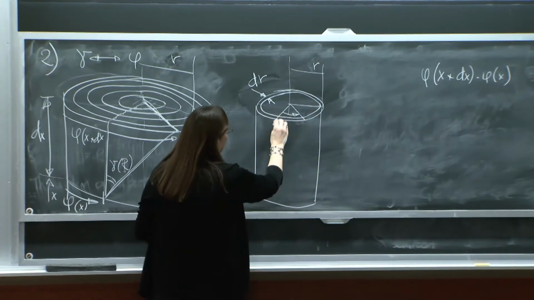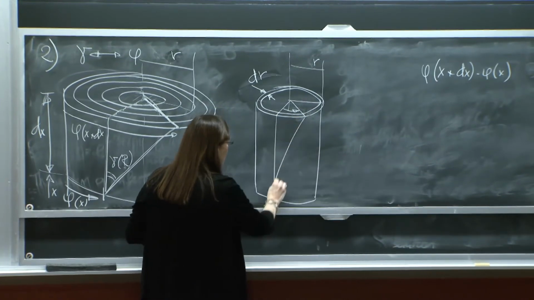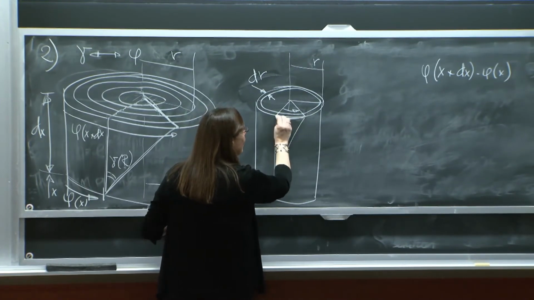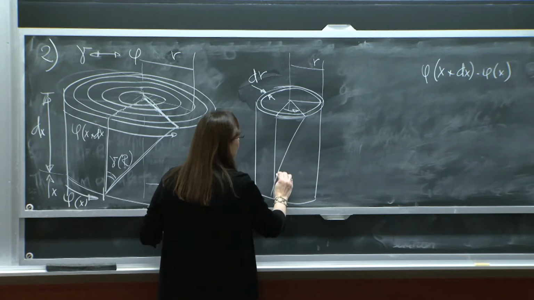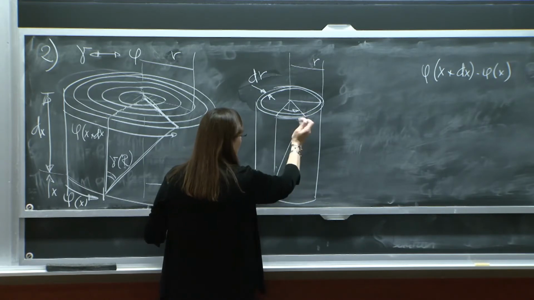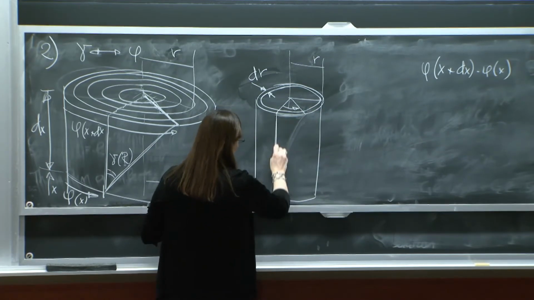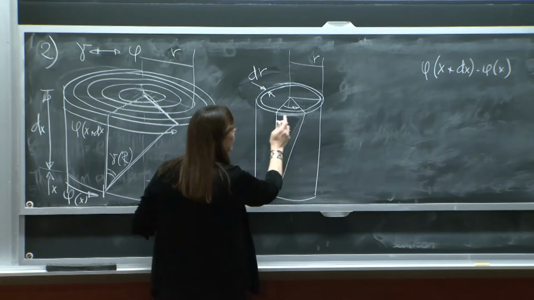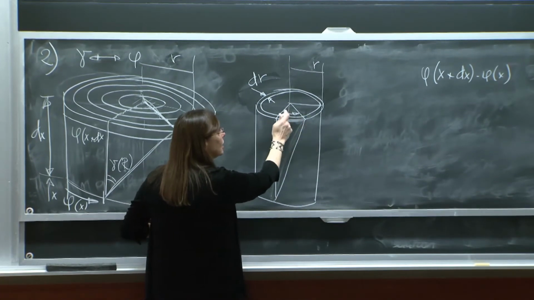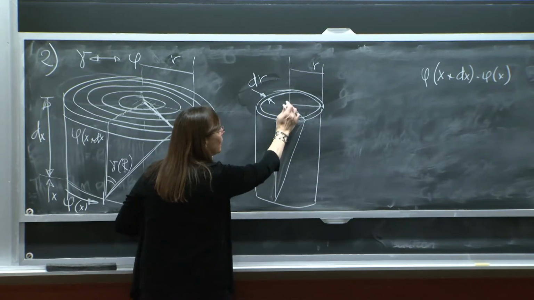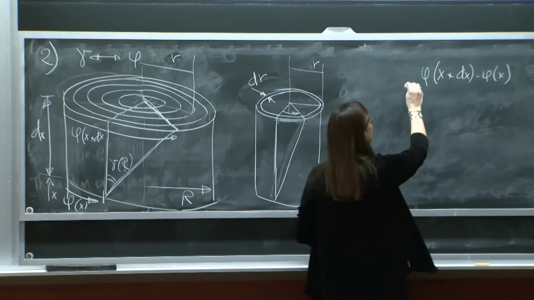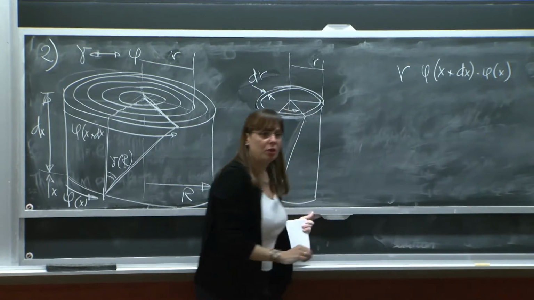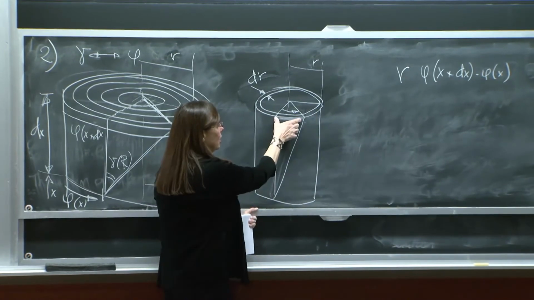This angle is phi of x plus dx minus phi of x. But now, this segment here, that is how much I rotated in distance, is this angle multiplied by the smaller radius. I have r that multiplies that. That gives me this segment here.